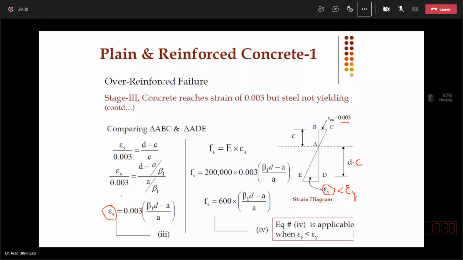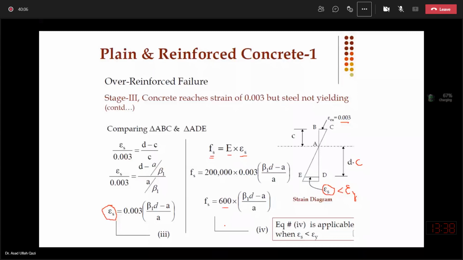Now on the right hand side, a is still unknown. I will multiply this epsilon s with the modulus of elasticity as Hooke's law is applicable, and I can get fs. And 200,000 megapascal multiplied with this strain will give me 600 into beta 1 d minus a over a.